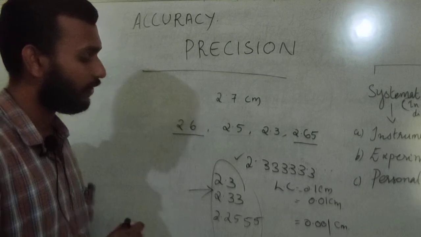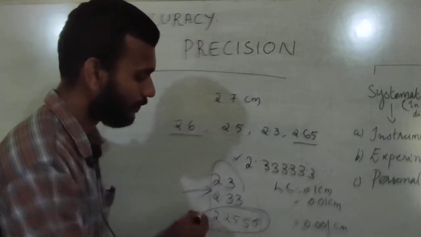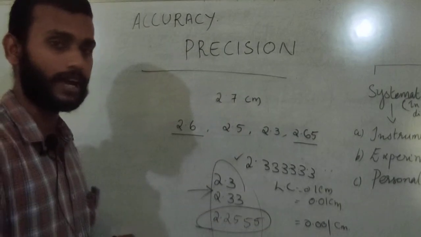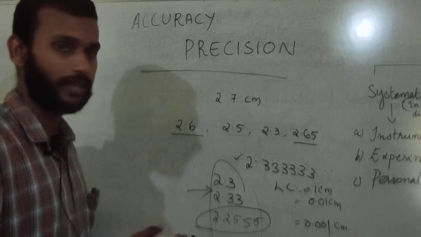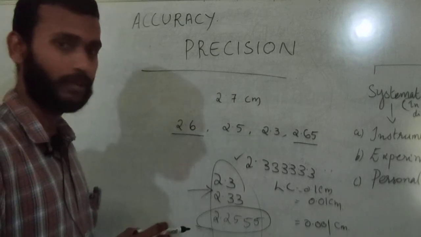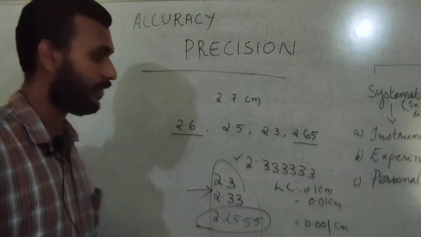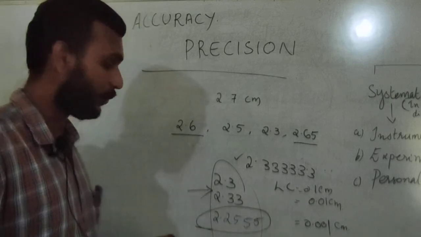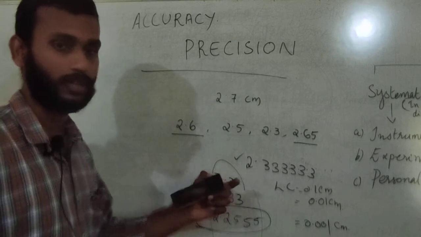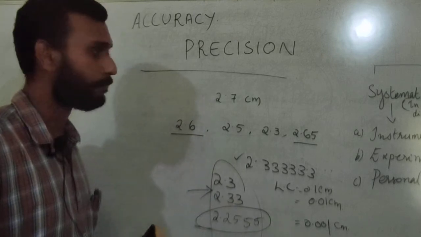Here the reading 2.2555 is the reading with higher resolution. So if you are asking which one is the precise value, then 2.2555 will be the precise value, and the accurate value will be 2.33.